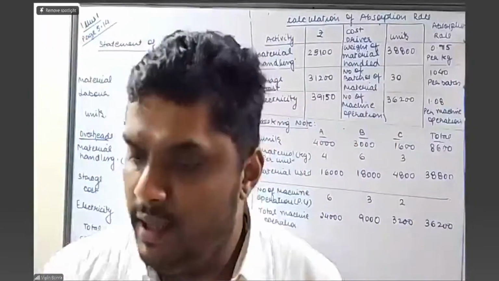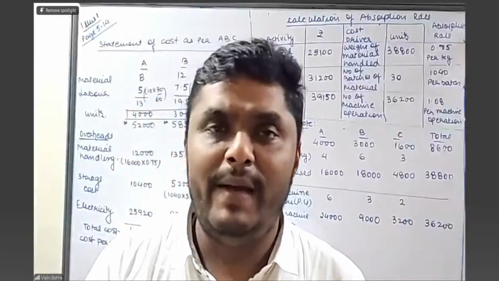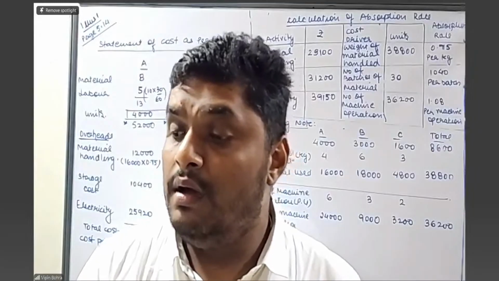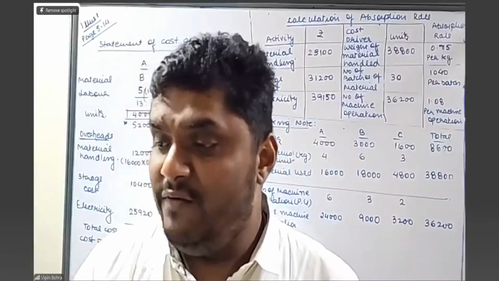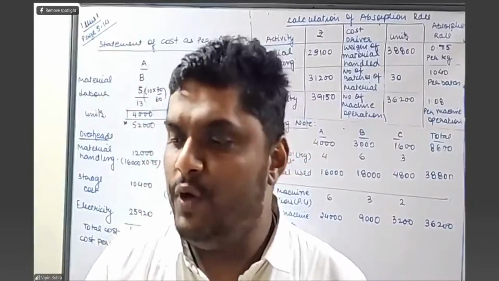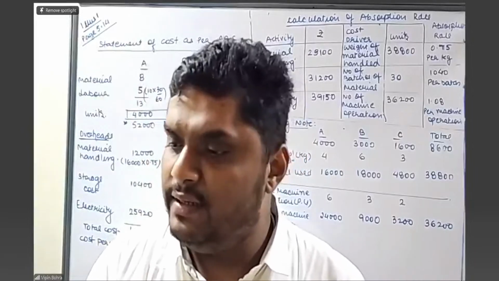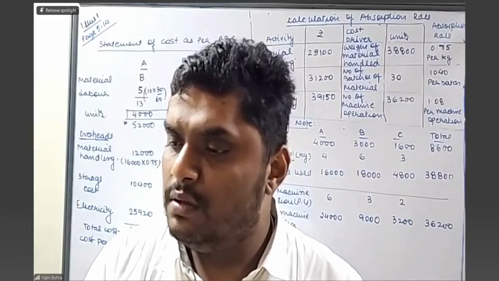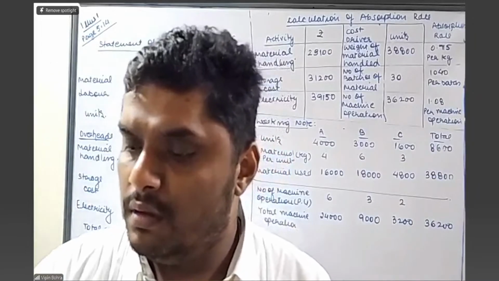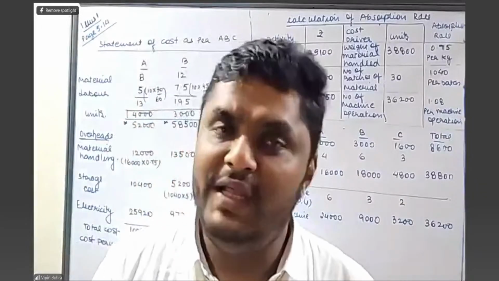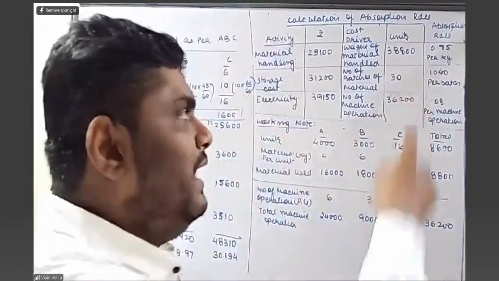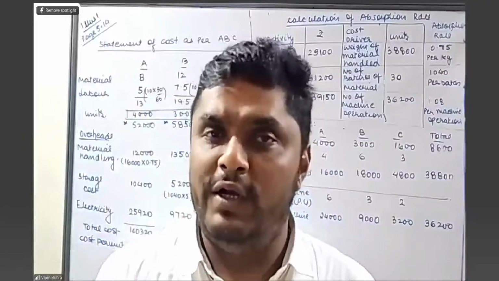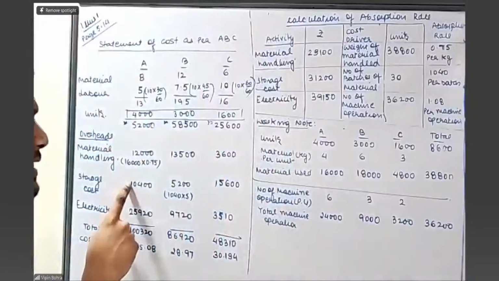Now see, how many number of batches of material are given in the question? Total 30, that is 10, 5 and 15, right? For A it is 10, for B it is 5 and for C it is 15, right? Yes. So that is why we took 30, and we took 1040 per batch, right? So what is the cost of one batch? 1040. So for A, how many batches are there? Total 10 batches.